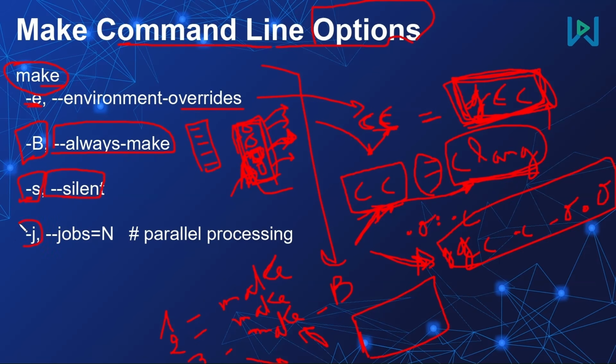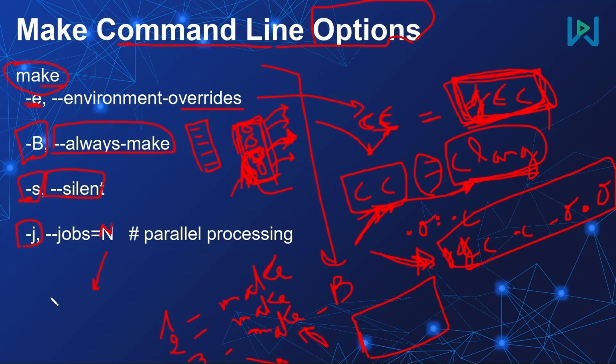Finally, we have this -j or --jobs=n. This tells GNU Make to execute the different Makefile rules in parallel. So this n tells GNU Make how many processes are used to execute those Makefile rules.